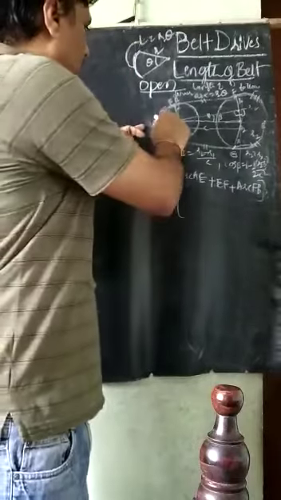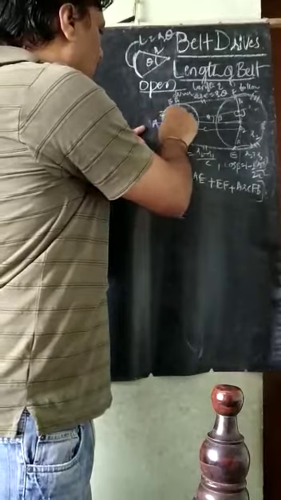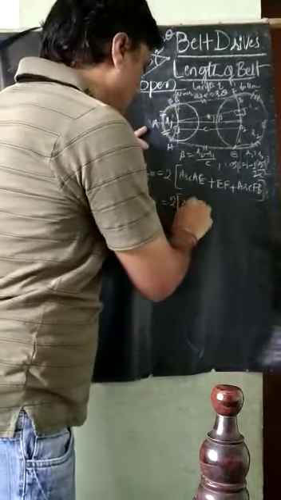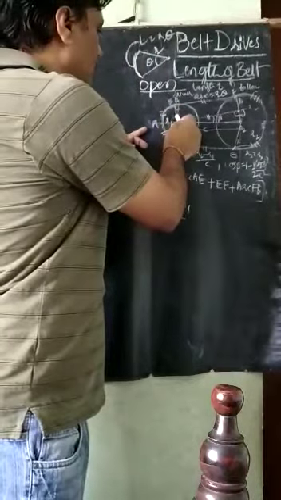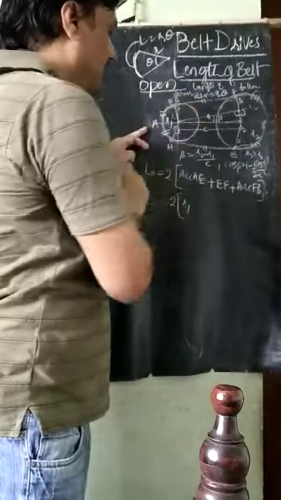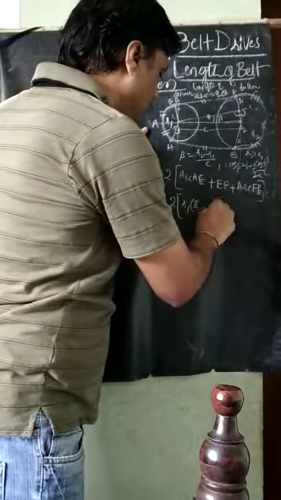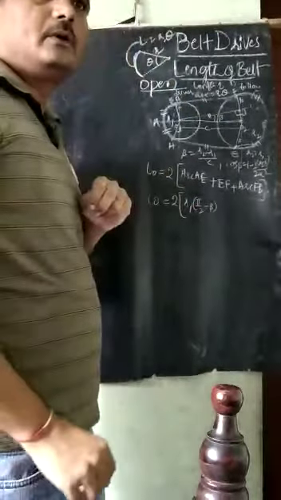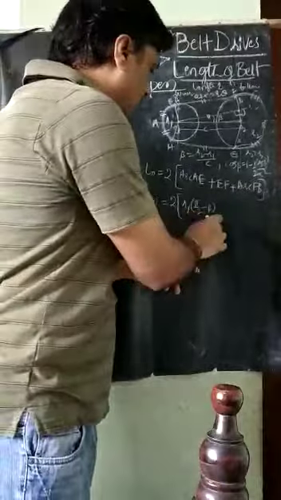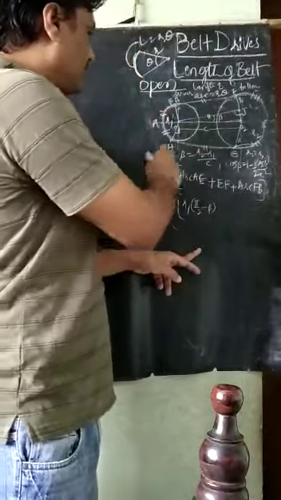So what is this one now? AE, the radius is R1, into the subtended angle, which is how much? 90 degrees minus beta, that is pi by 2 minus beta. This gives us the length of the arc AE, and 2 times this one gives the total length.